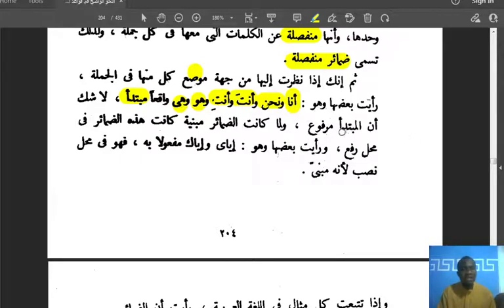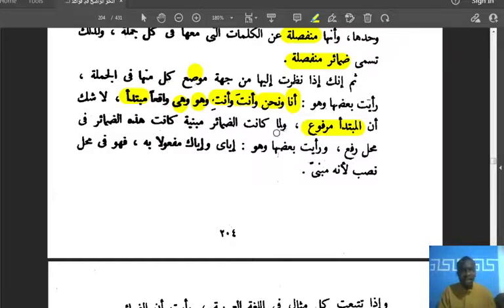لا شك أن المبتدأ مرفوع. There is no doubt that مبتدأ is مرفوع. We all know that المبتدأ is مرفوع always, as we saw when we got to the جملة اسمية. مبتدأ is مرفوع, that is, it's nominative.